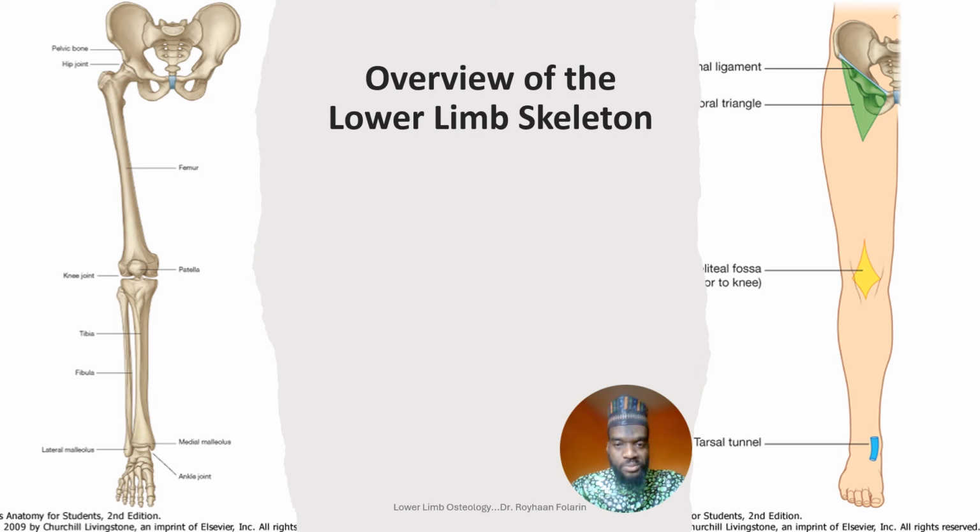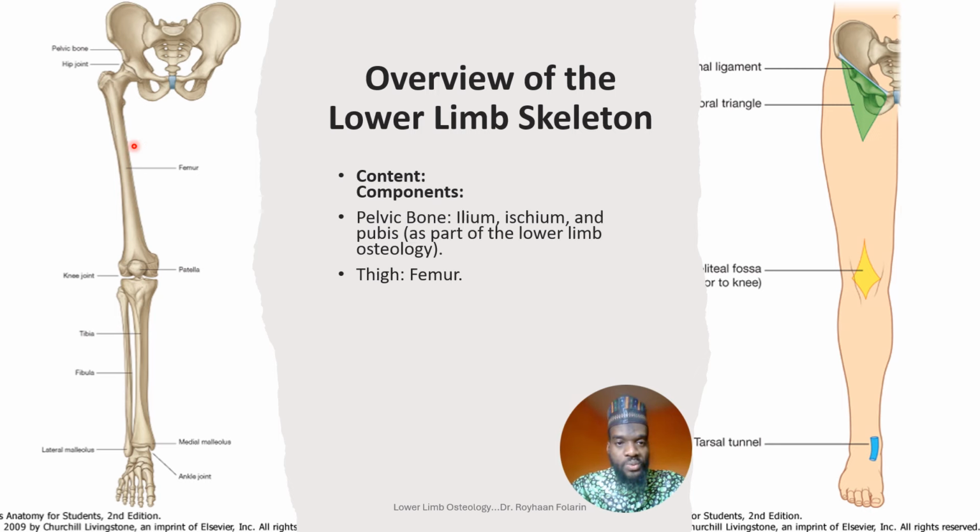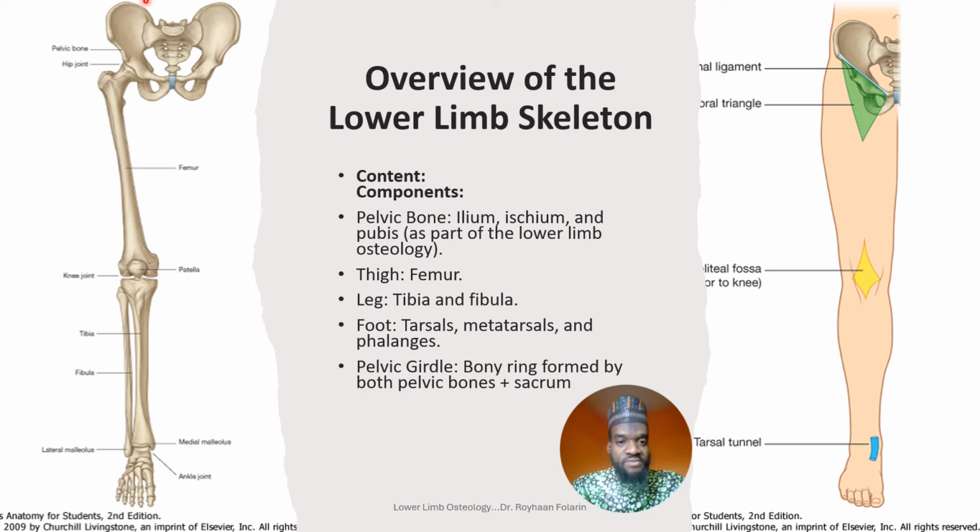As an overview, here is what the lower limb looks like, the entire lower extremity, and these are the bones that make it up. From each side, you have the pelvic bone, which is made up of three bones that we'll come to address later. In the thigh region, you have the femur.